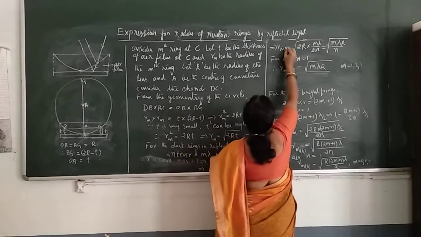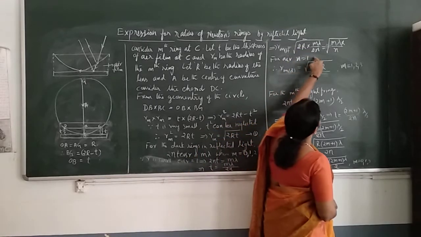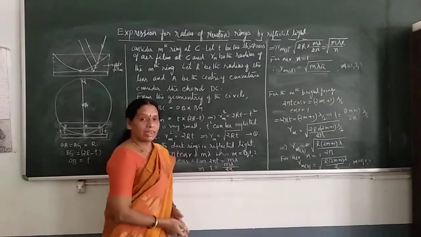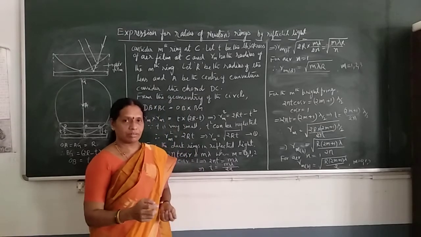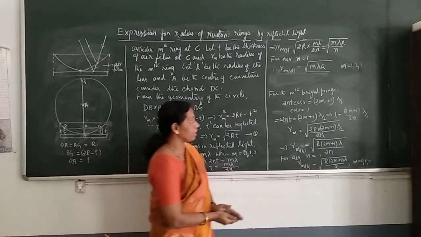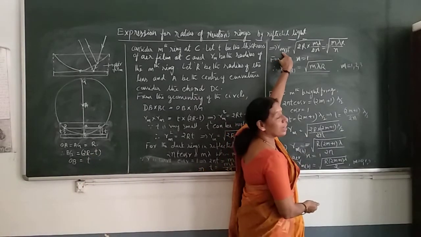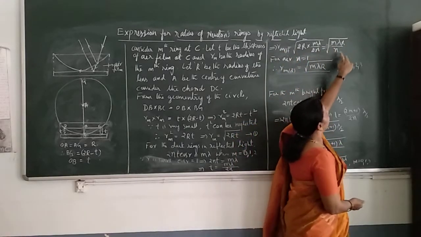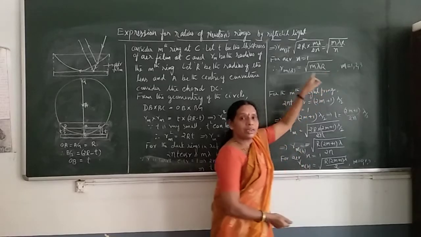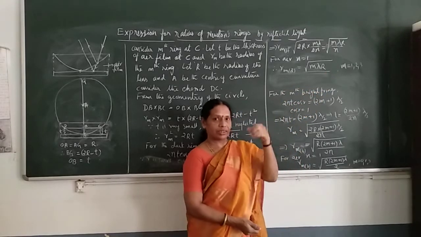Here we have considered the mth dark ring. Therefore, the radius of the mth dark ring becomes 2r into m lambda by 2n, or m lambda r by n. So, if the medium introduced between the lens and the glass plate has refractive index n, in that case the radius of that mth dark ring becomes m lambda r by n, where n is the refractive index of the material of the medium between the lens and the glass plate.